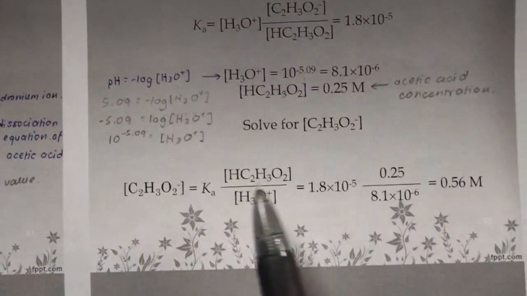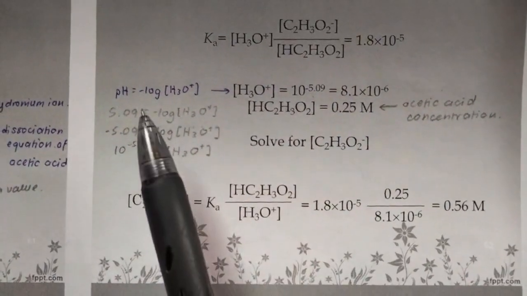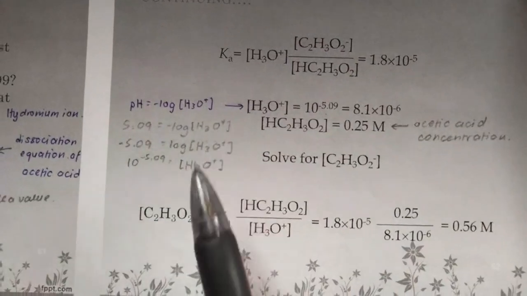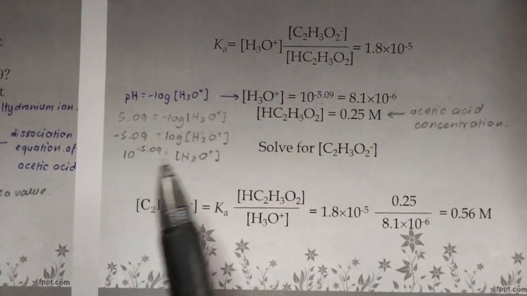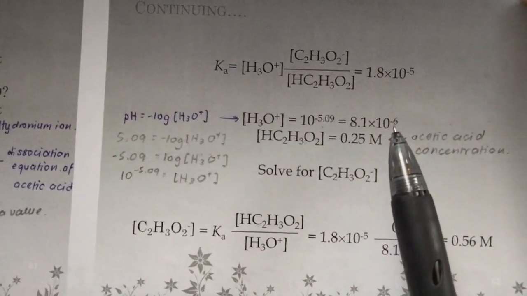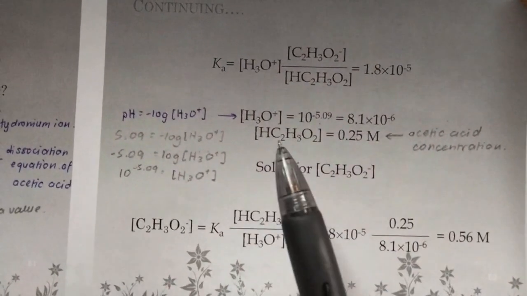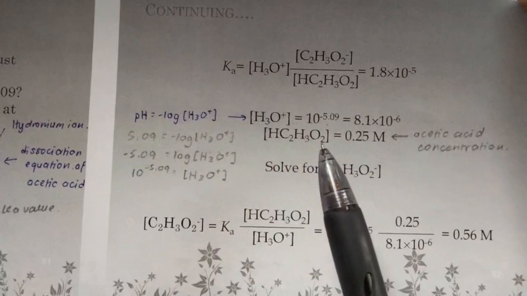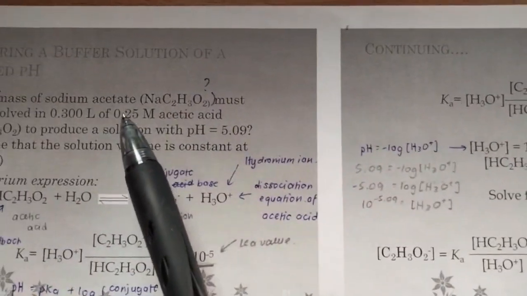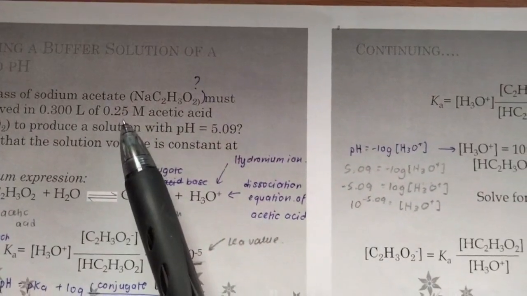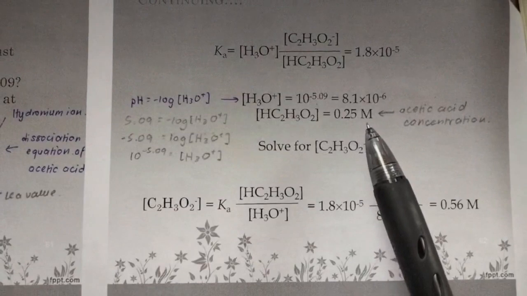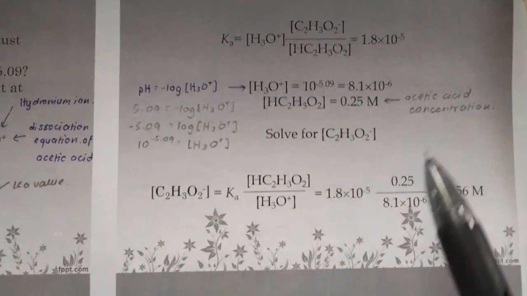We find the hydronium ion concentration using the pH formula, pH equals negative log hydronium ion, which we rearrange, and then we get 8.1 times 10 to the power of negative 6. The acetic acid concentration, 0.25, is given in the question.